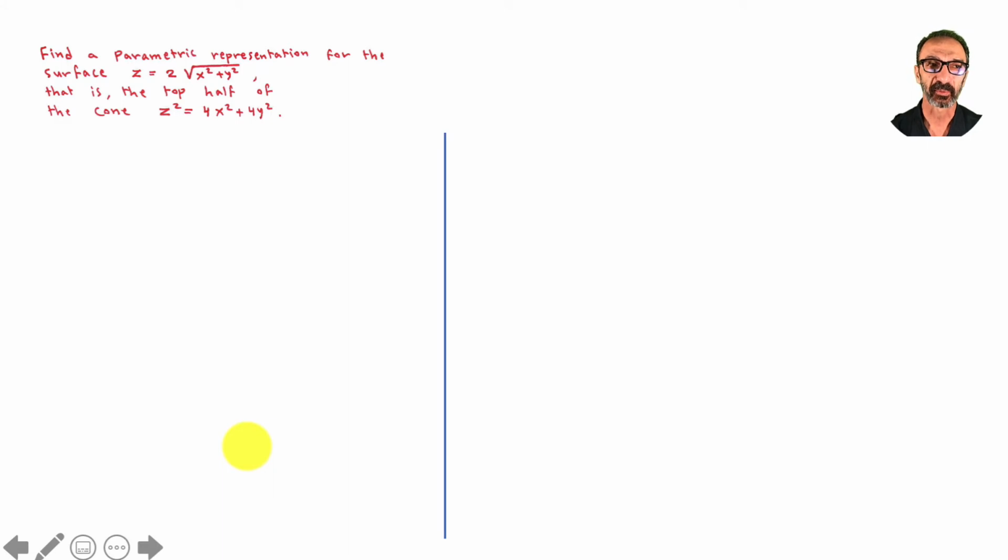Find a parametric representation for the surface z equals 2 square root of x squared plus y squared, that is the top half of the cone, where z squared equals 4x squared plus 4y squared.